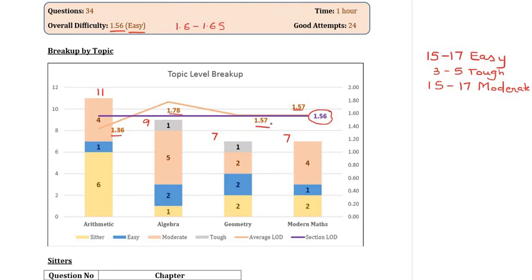Going further into each of these areas, observe that out of the 11 questions in arithmetic, 7 were either easy or sitters. In fact, out of these 7, 6 were sitters. What exactly are sitters? Technically, a sitter is also an easy question with the same LOD, that's 1.